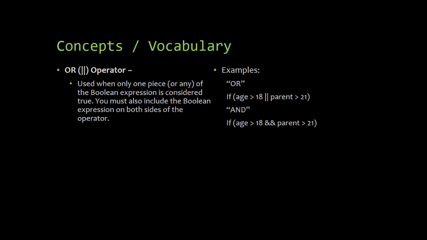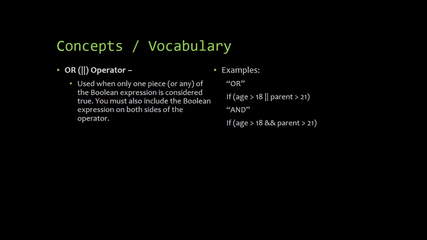Again, here's an example for the OR operator: if age is greater than 18, or parent is greater than 21. Any one of these can be true to make this if statement true. If I am 17 years old, then the first section is false. But if my parent is over 21, then it would make it true.